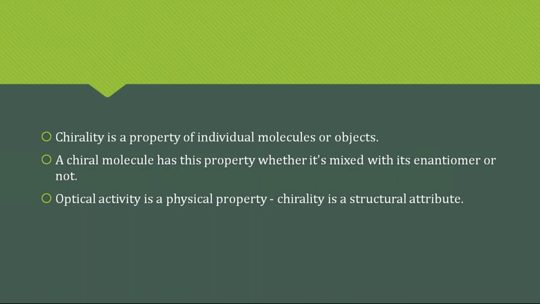So chirality is a property of individual molecules or objects. A chiral molecule has this property whether it's mixed with its enantiomer or not. Optical activity is a physical property. Chirality is a structural property.